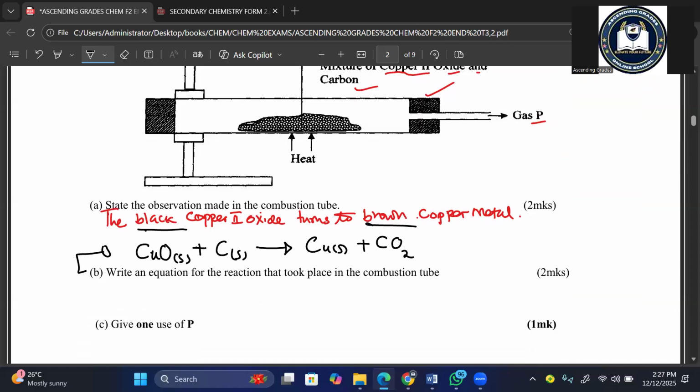So we expect our gas P to be the carbon 4 oxide.